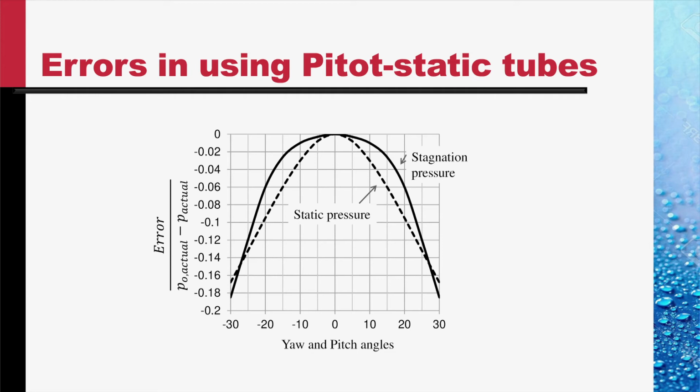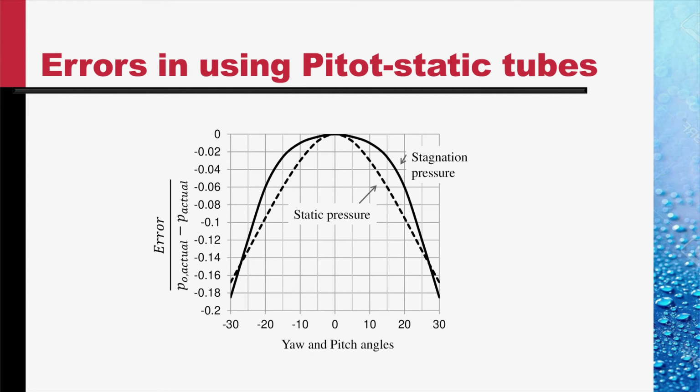You would notice yaw and pitch angle are the angle that the tube makes with the flow direction laterally as well as up and down. It is called pitch when the angle is up and down, and yaw when the angle is left to right.